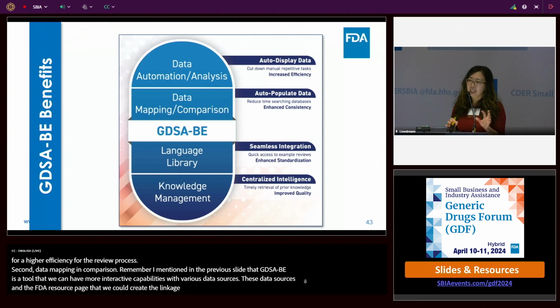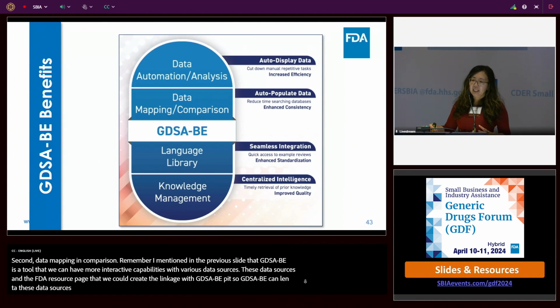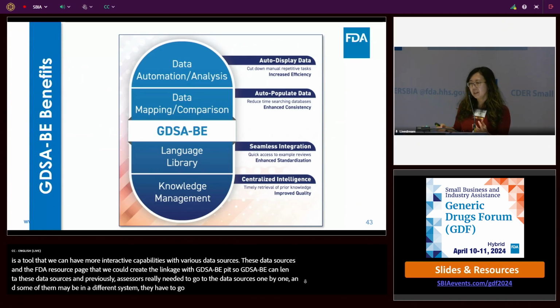Previously, assessors really needed to go to these data sources one by one, and some of them may be in different systems. They had to jump in and out of the systems to manually search for the data they need to complete their review.